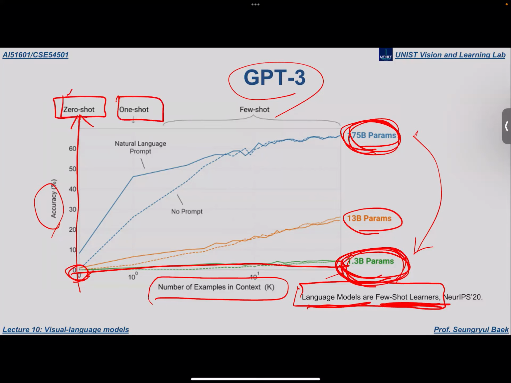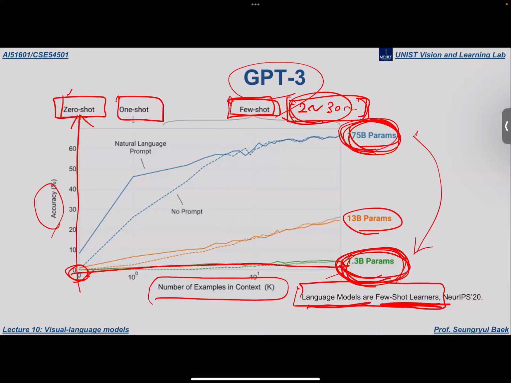And if we are given just 1 sample for a new task to train, that is called one-shot learning. And if we are given a few data, but it's not 0 or 1, then it is called few-shot learning, okay? So this is maybe 2 to maybe 30, some very few training examples. For example, 2 to maybe 10 or 30, that's a few, right?